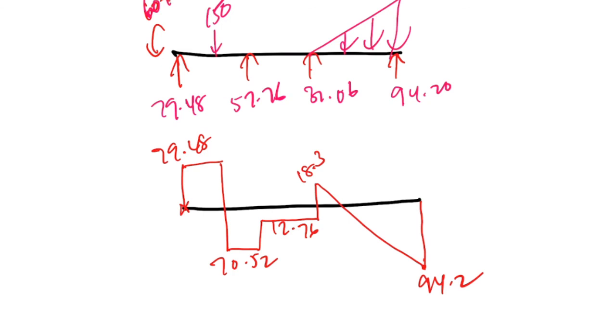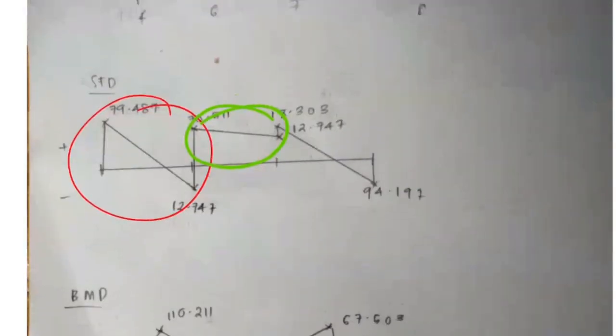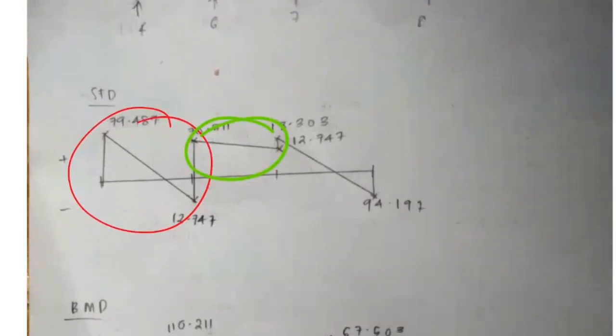So this one is positive, negative, positive, negative. Okay, so this is the shear force diagram. The diagram that you have given to me is actually wrong.